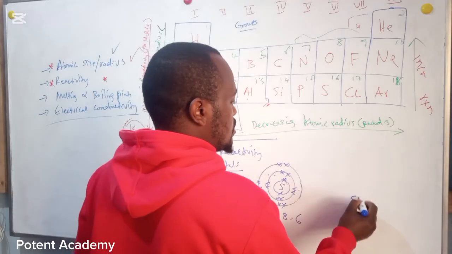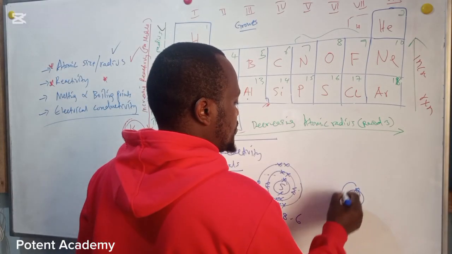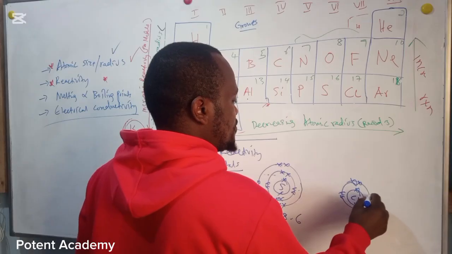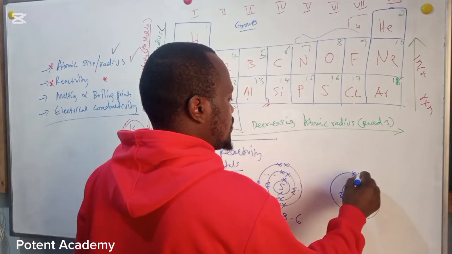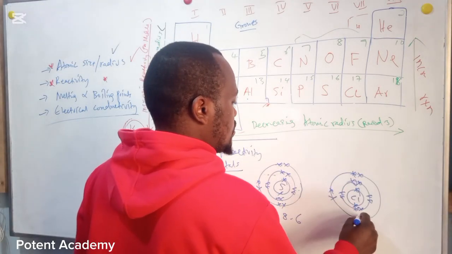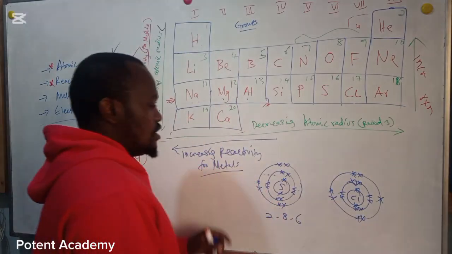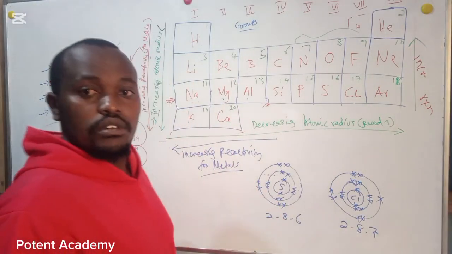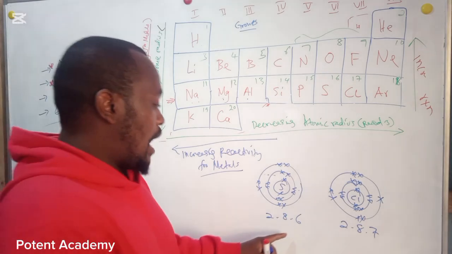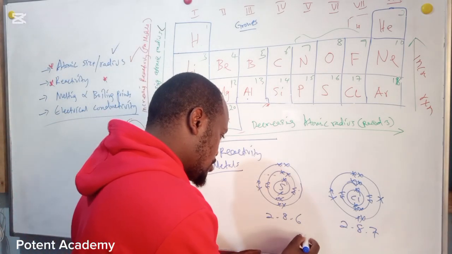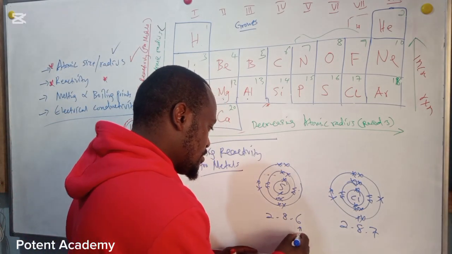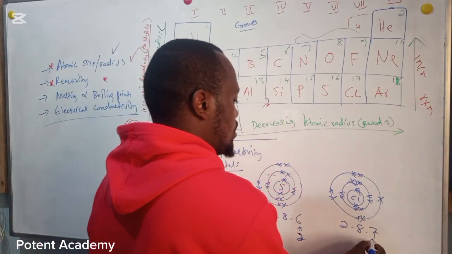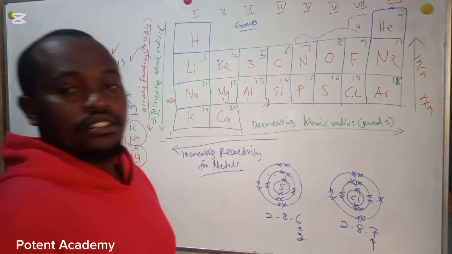Then you have chlorine. Chlorine has 17 electrons, and the electronic arrangement is 2, 8, 7. So you need to add 2 here, and for this one, you need to bring only 1 electron.